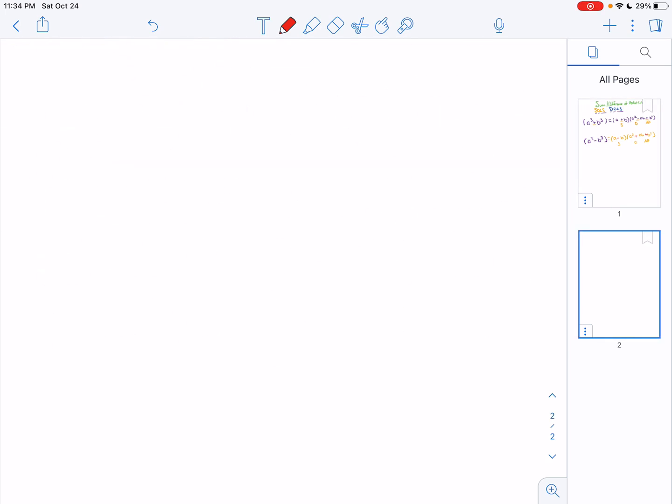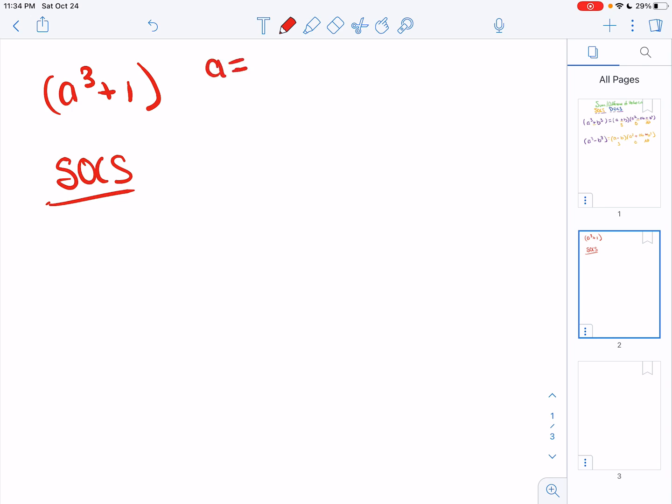So let's take a look at a couple of examples. Let's take a cubed plus 1. The first thing I like to do is identify: is this SOCKS or DOCKS? This is SOCKS. My a value is the cubed root of a to the third, which is a. My b value is the cubed root of 1, which is 1. So my formula: a plus b, a squared, ab, b squared.